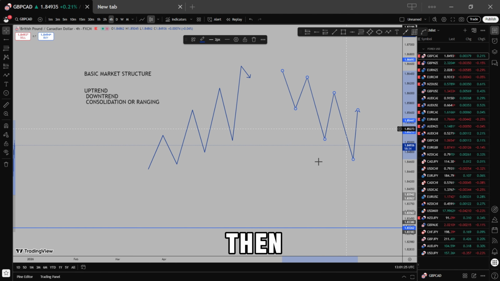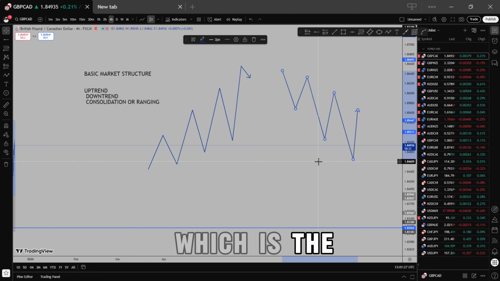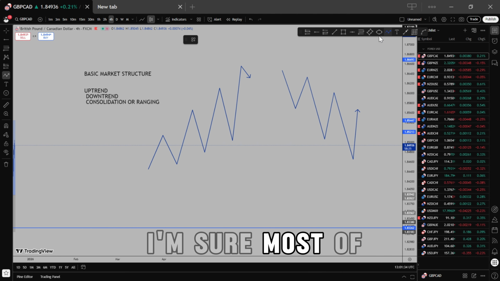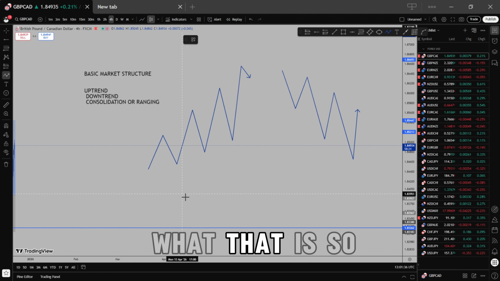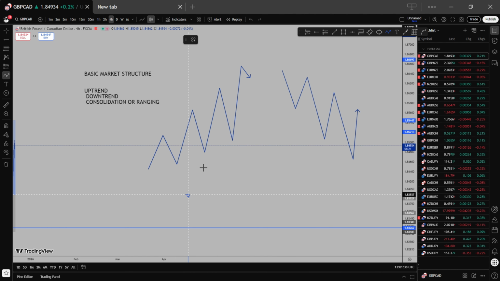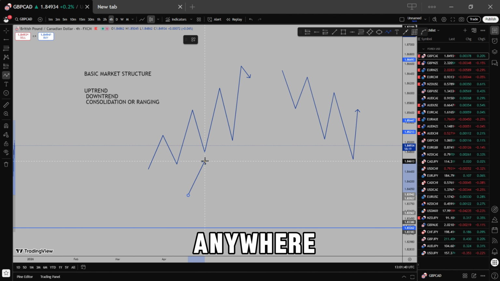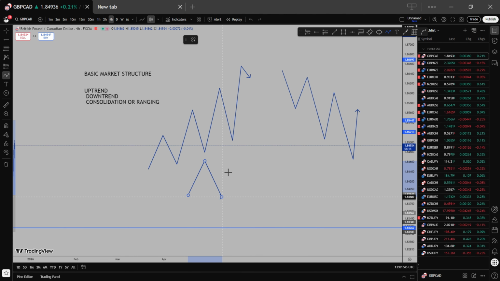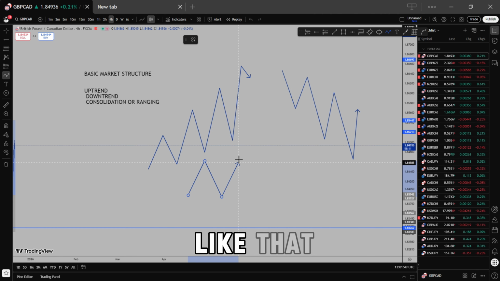Now the last one, which is the consolidation. From the word ranging, I'm sure most of you should have gotten the idea what that is. So it's basically the market is not breaking structure anywhere, it's just ranging between a particular point, up and down, up and down, like that.